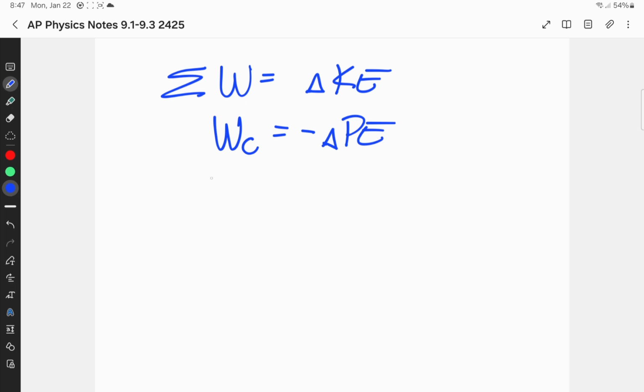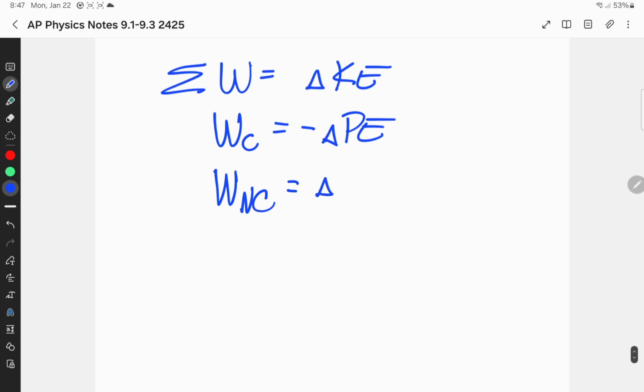So, what about the work of non-conservative forces? Well, it turns out that the work of non-conservative forces, and remember, non-conservative forces is essentially any force other than gravity or spring, that gives us our change in total energy. Okay? We used this all the time in honors physics. All right?